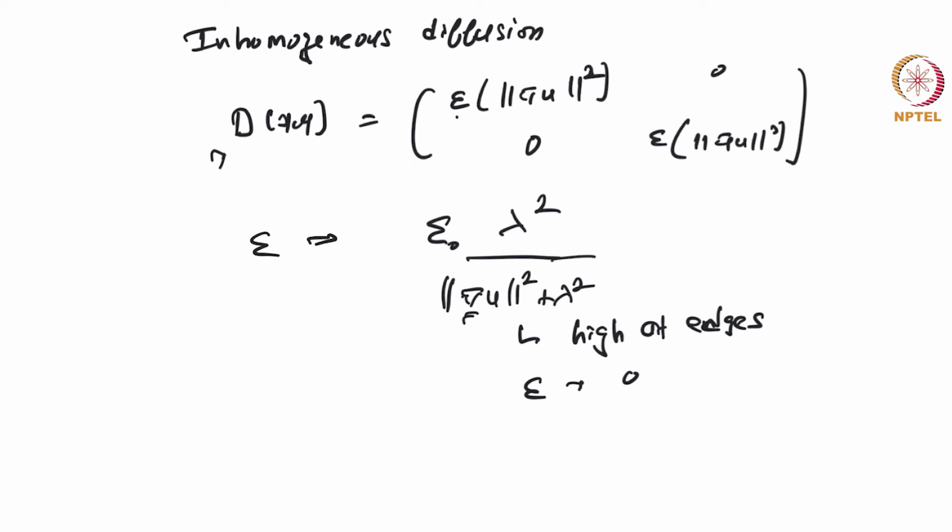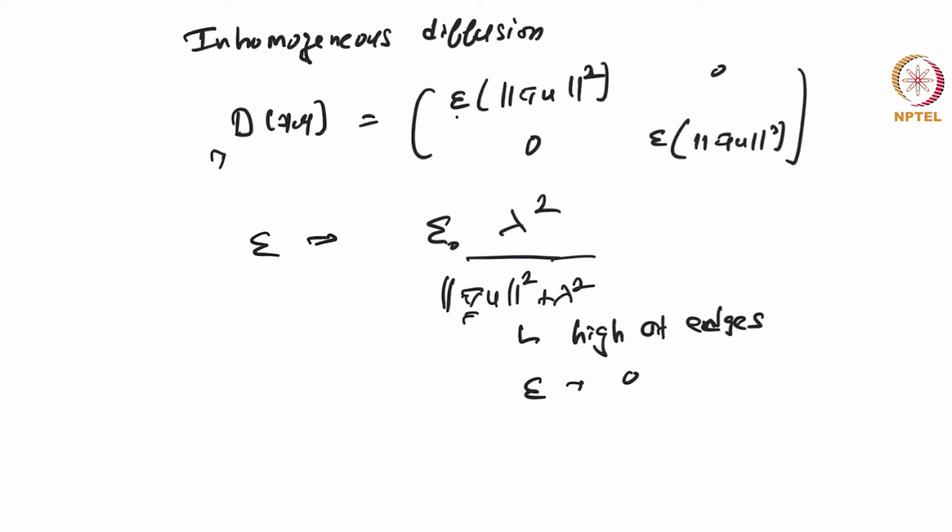And for anisotropic diffusion, the diffusion coefficient is such that along the edges, which you can get from the gradient direction, diffusion is fine, while diffusion perpendicular to the gradient is not, in the sense of the direction along the edges.